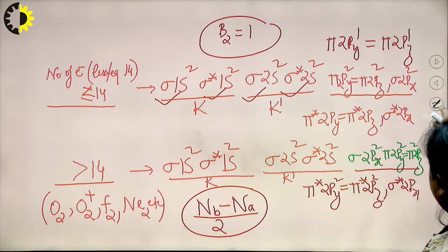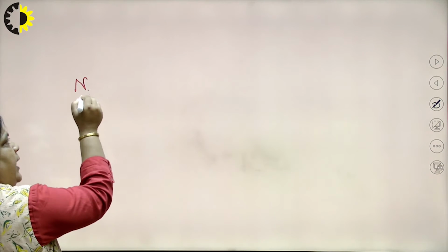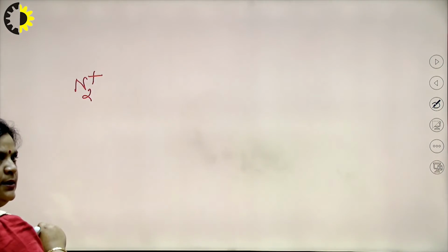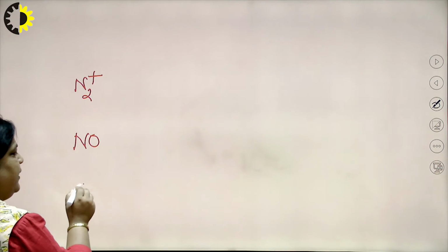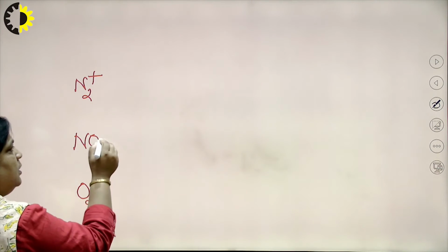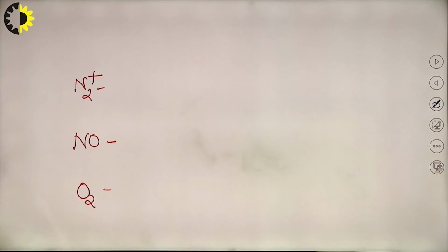Suppose the examiner asks you to write the configuration of N2 plus, and suppose NO and O2. Now, N2 plus: 14 minus 1 means one electron gets removed.